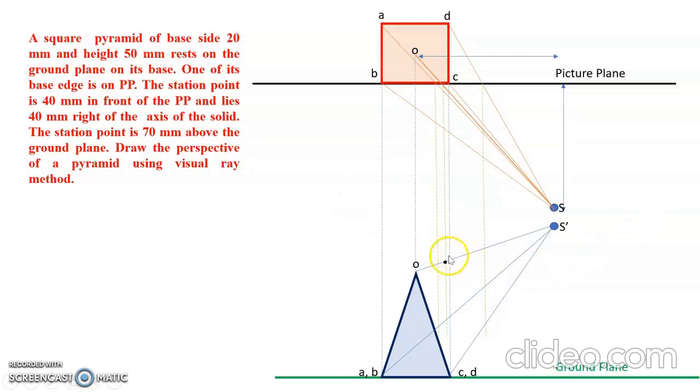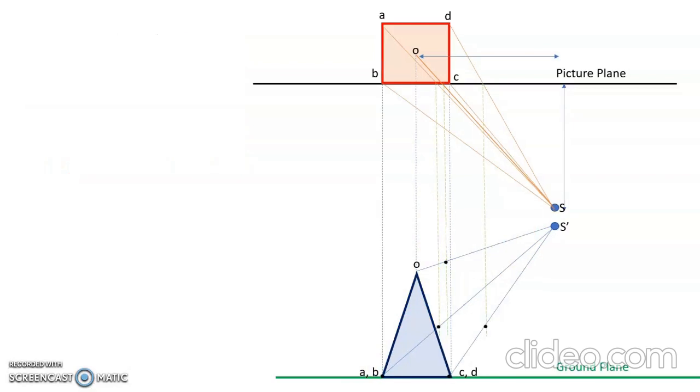This is the point O. Similarly, now A. This is the intersection point at A. I have drawn the vertical line, and this line intersects the ray which passes from A to S dash. Similarly, B, C and D. So I have got the 4 corners of the square.